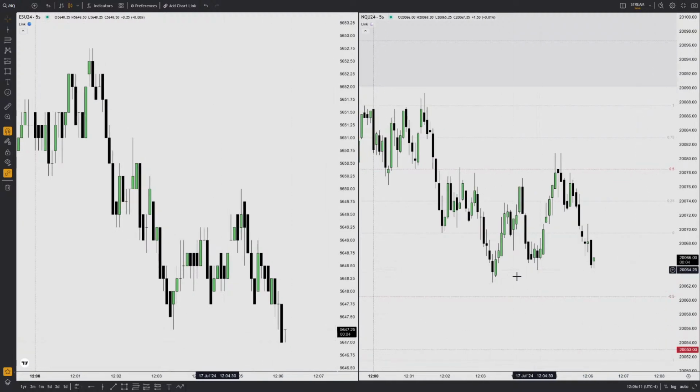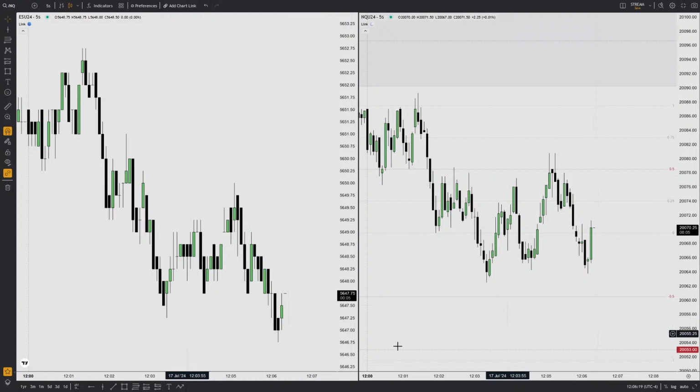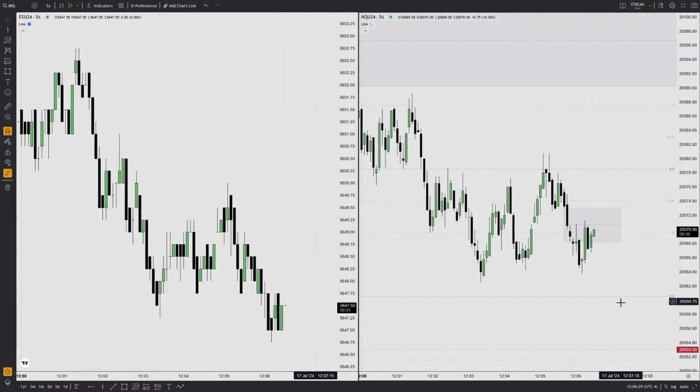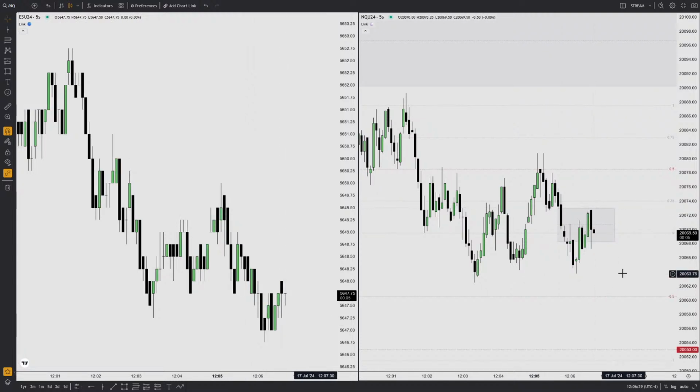Once it takes out these two lows, I want to see speed, which means teleportation lower, right? Still within the fair value gap, right here. Okay, don't really want to see this fair value gap be traded and closed above.